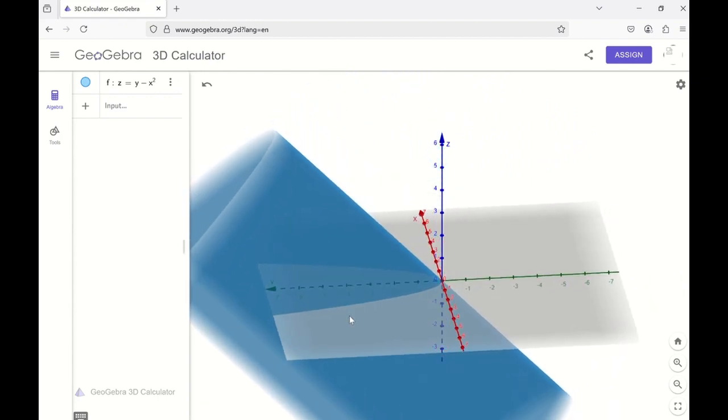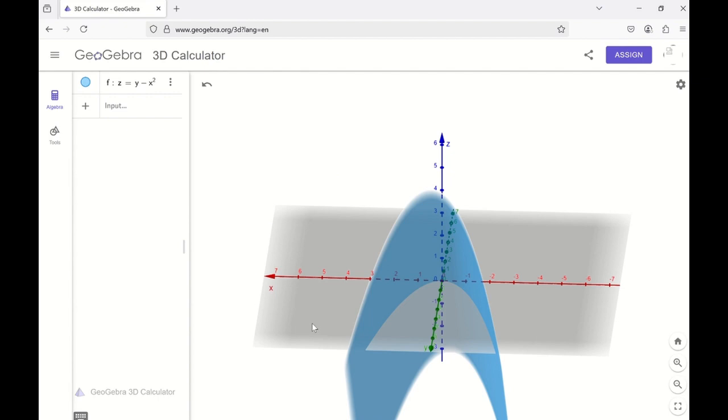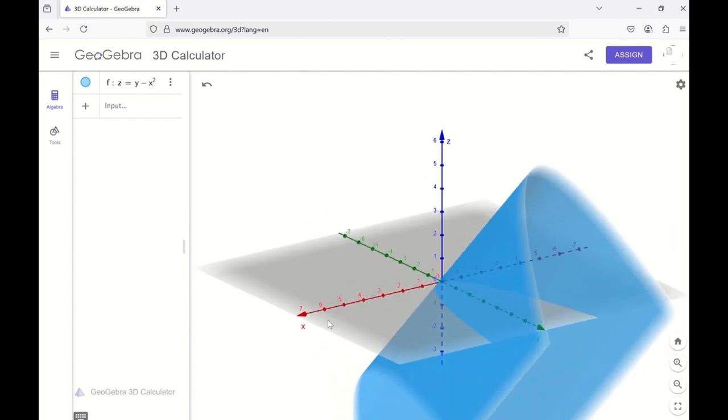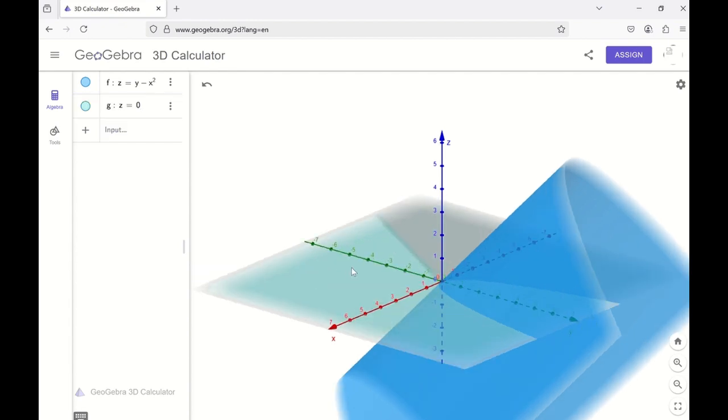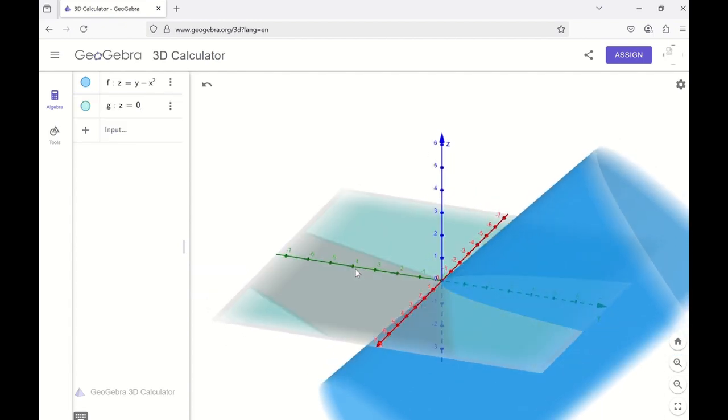And if we're considering these level curves, then we would be asking ourselves, when does this graph intersect z equal to 0, z equal to 1, z equal to 2, and z equal to 3? Z equal to 0 is just the xy plane, so it's just the flat surface there, and they would intersect at this parabola right here.